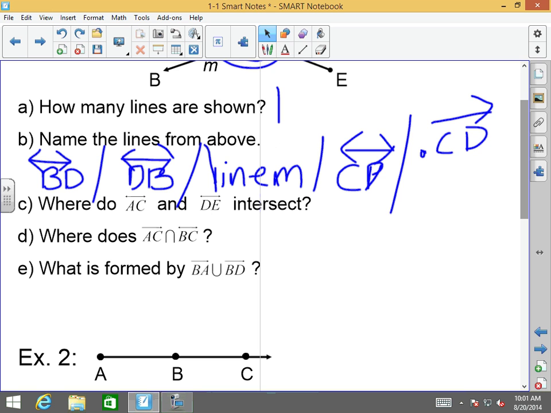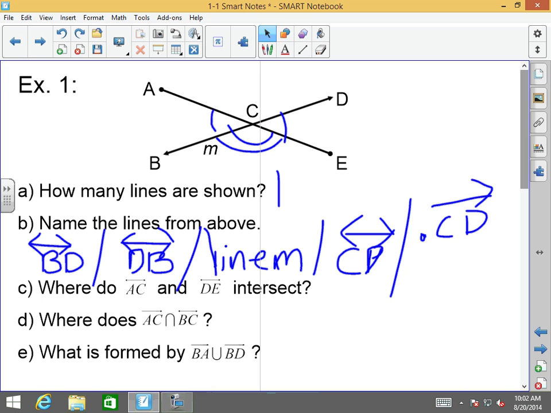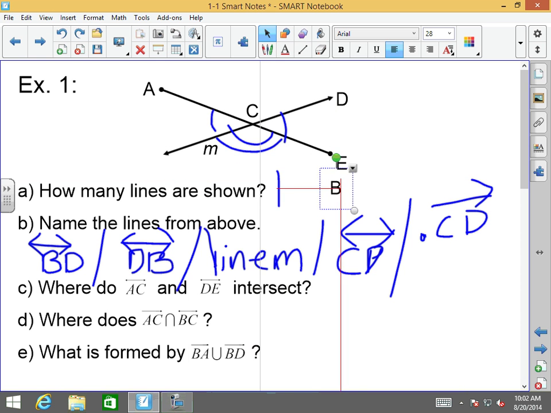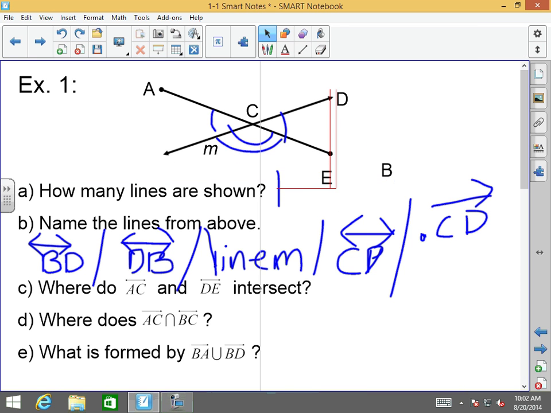Where do AC and DE intersect? Look at your figure, guys. Where do AD and DE intersect? Where do AC and DE? Whoa. That's impossible. Hold on. Human error. Let's go this way.